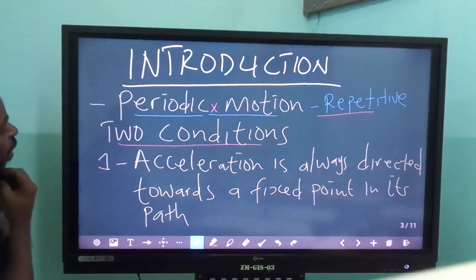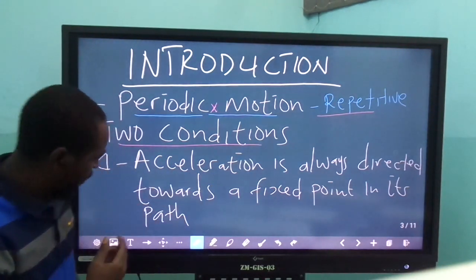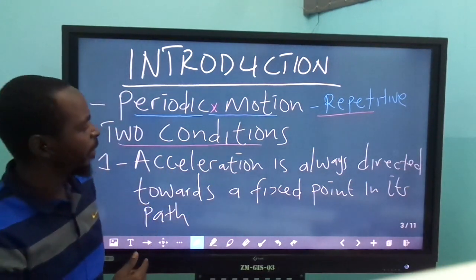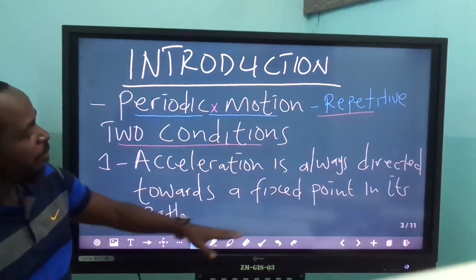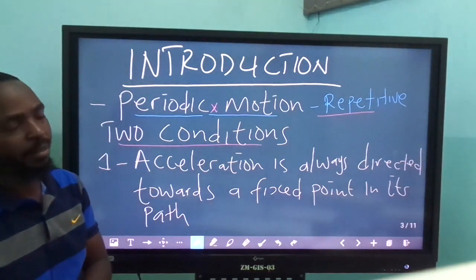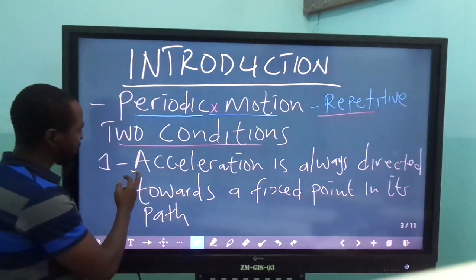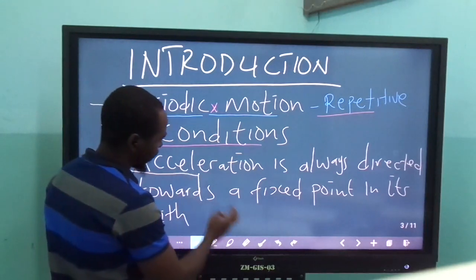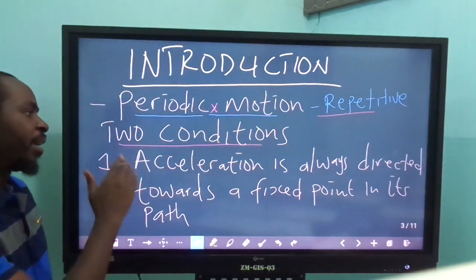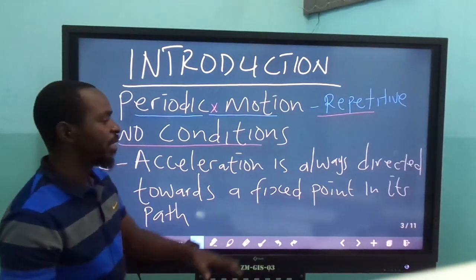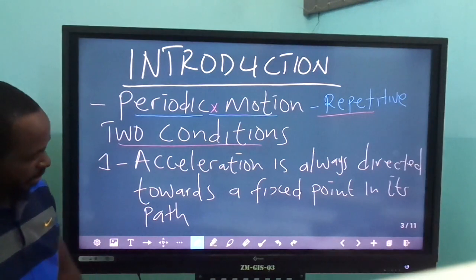The first condition is the acceleration of that moving thing must always be directed towards a fixed point in its path. That is the first condition. It is stated in terms of the direction of acceleration, which must always point towards a fixed point along its path.